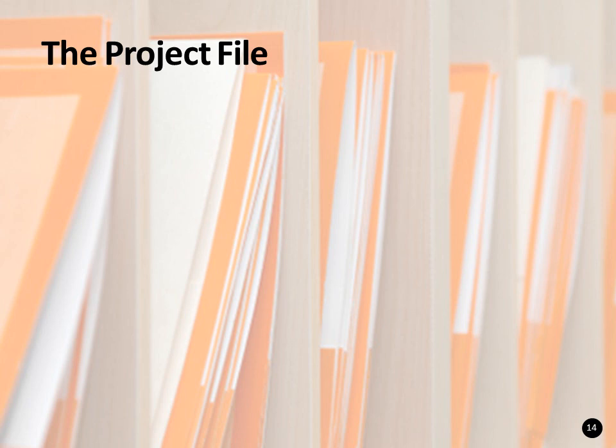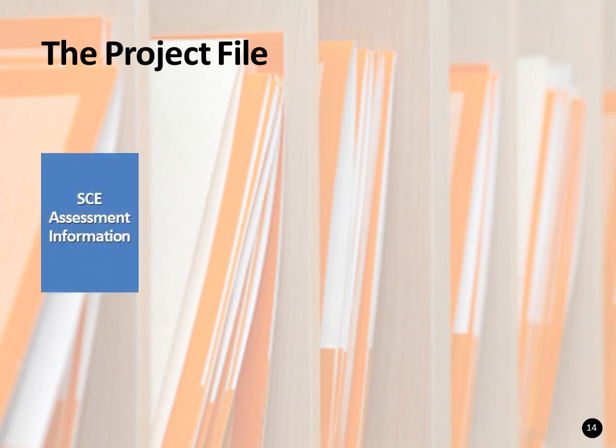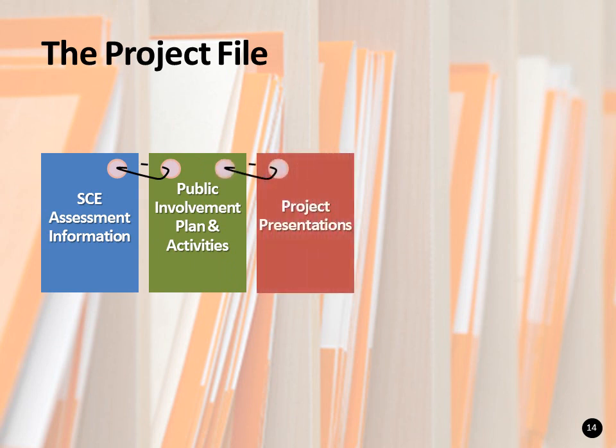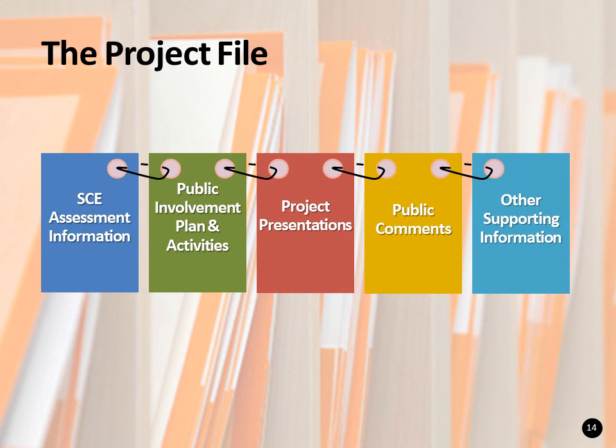Typical project file contents relative to SCE evaluations are data and analysis that inform the evaluation, including consideration of non-discrimination laws and policies, the public involvement plan and related activities, project presentations given to agencies, local officials, and the public, comments received, and other supporting documentation such as contact lists, meeting notices, correspondence, and media coverage.